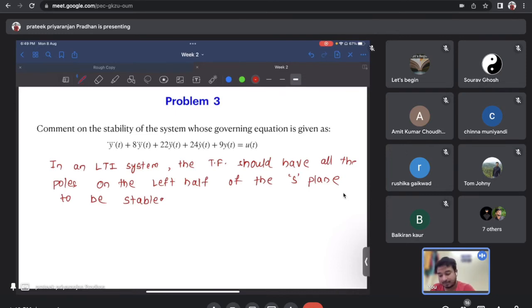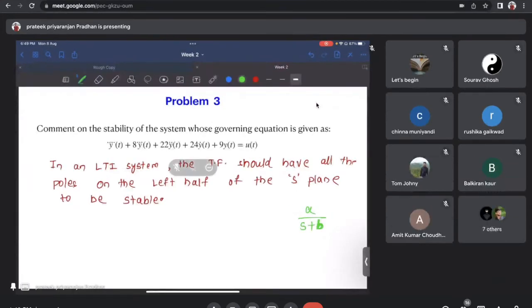Can somebody say what's the time domain response, the inverse Laplace transform of A by s plus B? Can anybody answer this?